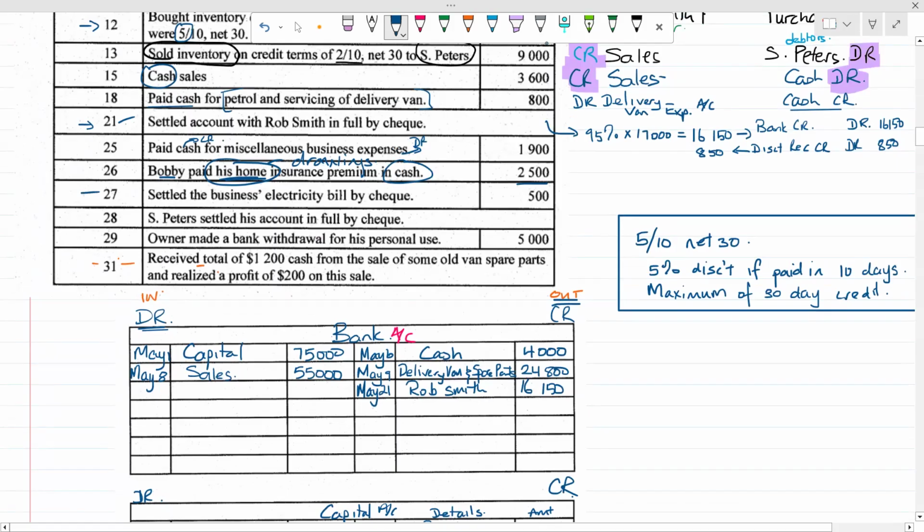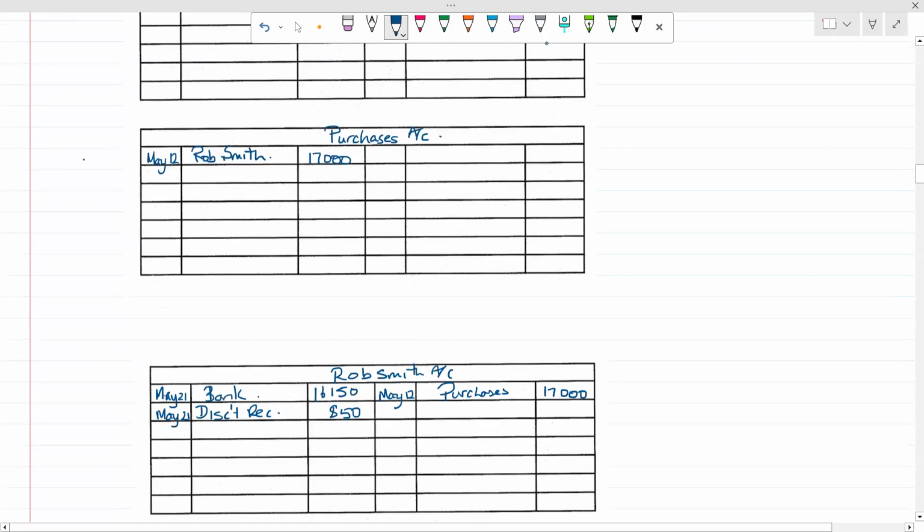Settled the business's electricity bill by check. So our bank has to be credited because you're paying from the bank, and you're going to debit electricity. 27,500.